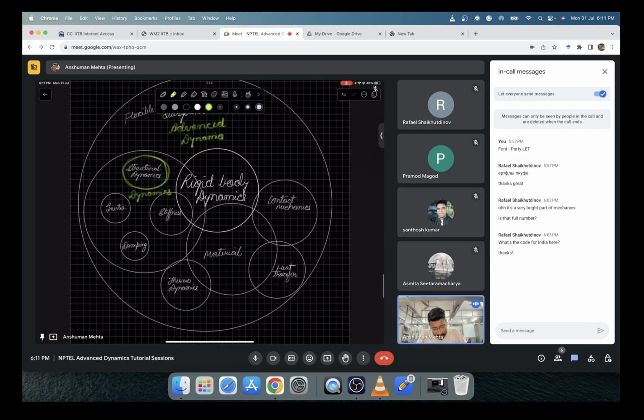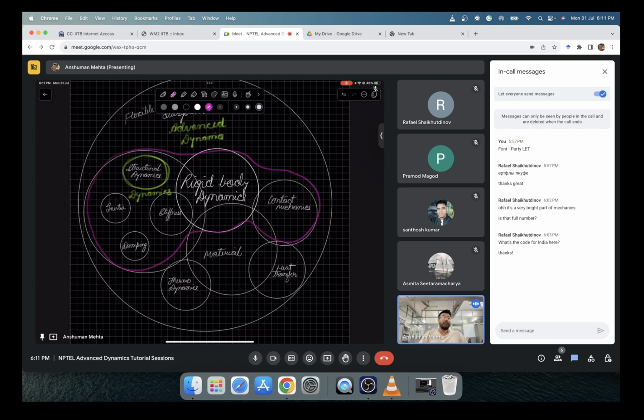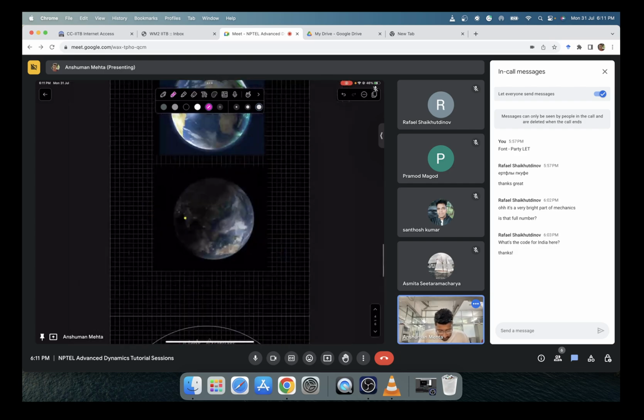So our area will be somewhat restricted to this, but if you have this course in your arsenal, you can connect to all those things. Finally everything will become equations, and you have to solve those equations. So it's all math.